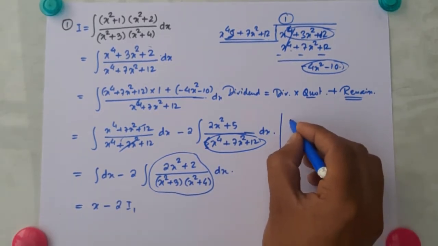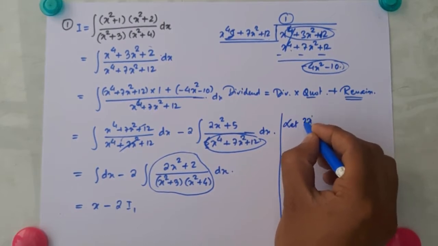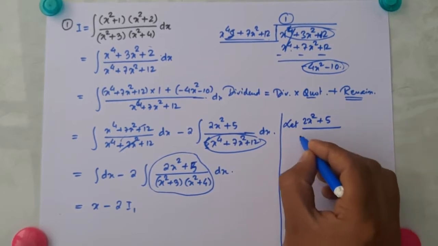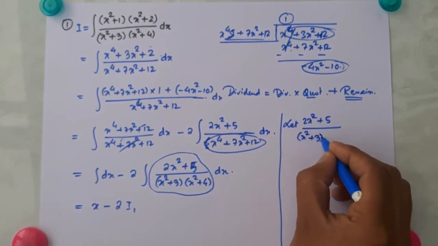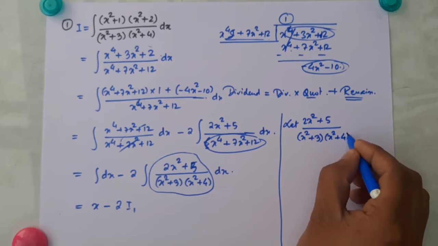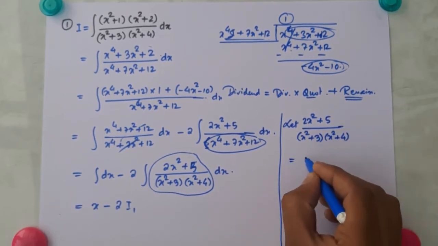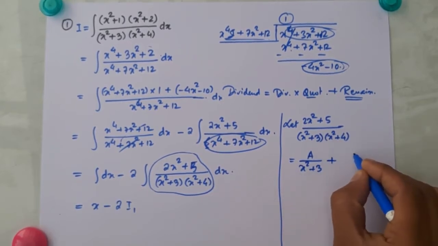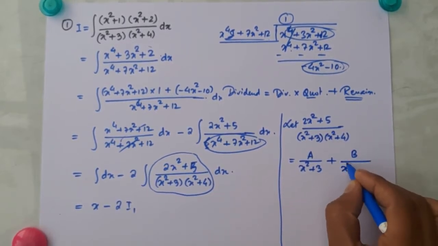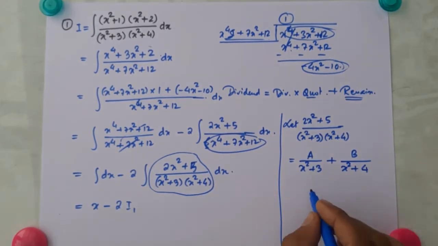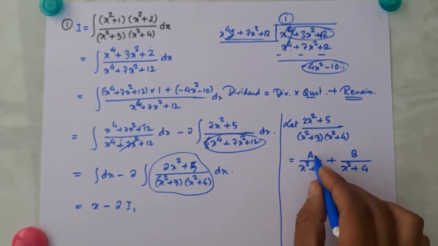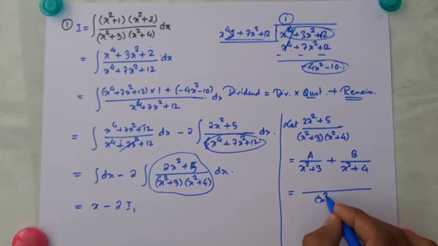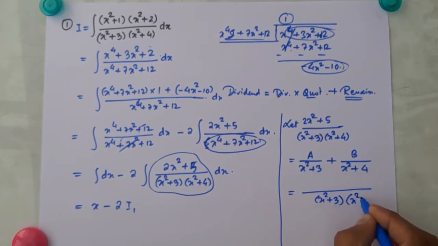So we take 2x square plus 5 divided by x square plus 3 into x square plus 4 equals a by x square plus 3 plus b by x square plus 4. From here you just need to calculate the values of a and b. So the LCM is x square plus 3 into x square plus 4.